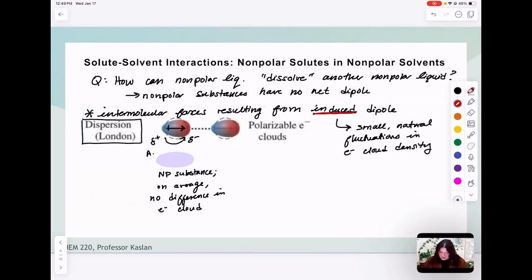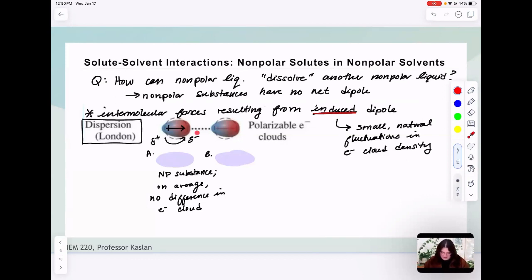Imagine I've got molecule B right next door to molecule A, and molecule A has, for just a hot second, this disparity in charge, creating a momentary dipole. Then the electron cloud around B is going to respond to that momentary charge because the electron cloud in B is just where we find our electrons, which themselves are charged.